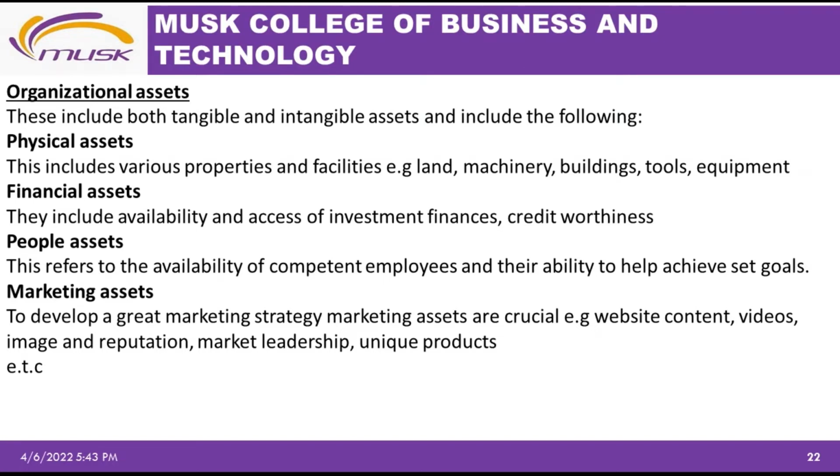So under that we have the physical assets. We are talking about different properties and facilities, e.g. land, machinery, buildings, tools, equipment, and so on and so forth. And then we have the financial assets, the availability and access of investment finances. If we want maybe to borrow a loan, those are financial assets. Is the loan available?